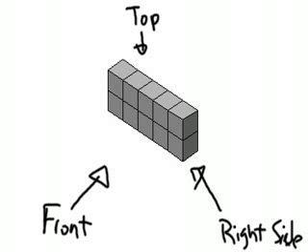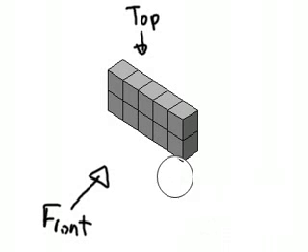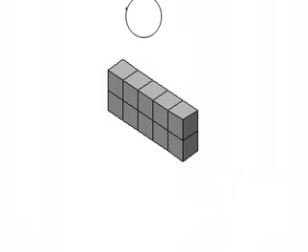Okay, now I'm going to move this shape to see what it's going to look like from the front side. Now remember, the front side is this side that's kind of on the left.